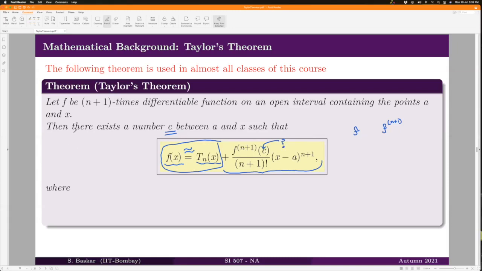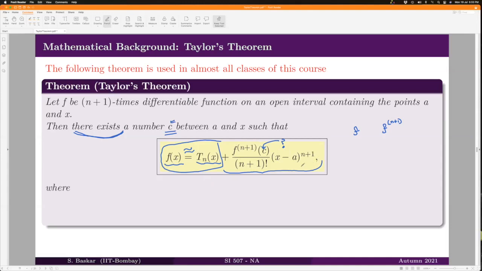The theorem only says that there exists a c. It doesn't tell you what precisely that c is. If you go through the proof of the theorem, you will come to know that we cannot construct such a c, but we can only see the existence of such a number. Therefore, this term is actually unknown.